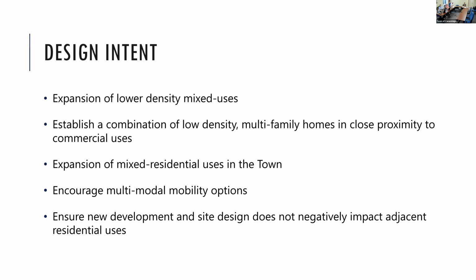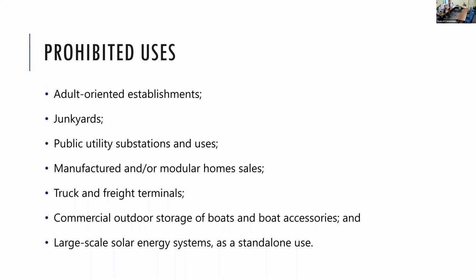Again, encouraging multimodal and making sure that any new development is not impacting any other surrounding residential uses. Here, the prohibited use list is just a tiny bit shorter. You'll see it's very similar to that for the 332 sub area. The one prohibited use that has been taken off and would be permitted in this particular sub area is single family detached homes.